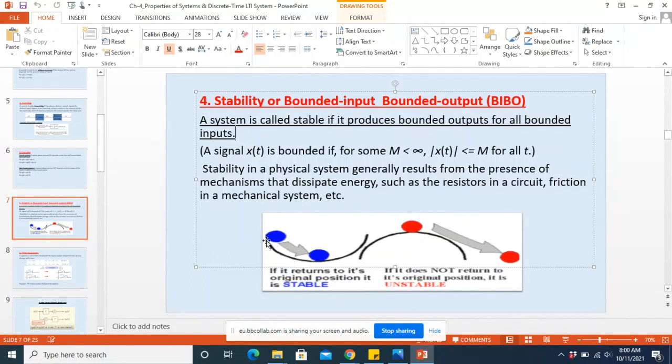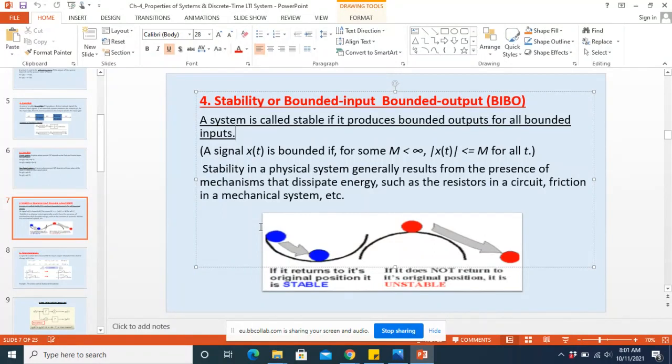You can see an example. Let's suppose a ball and a cup in the kitchen. The cup is a system and the ball is the input. When you put the ball inside the cup with a proper force, with a bounded input, the ball stays in the cup.